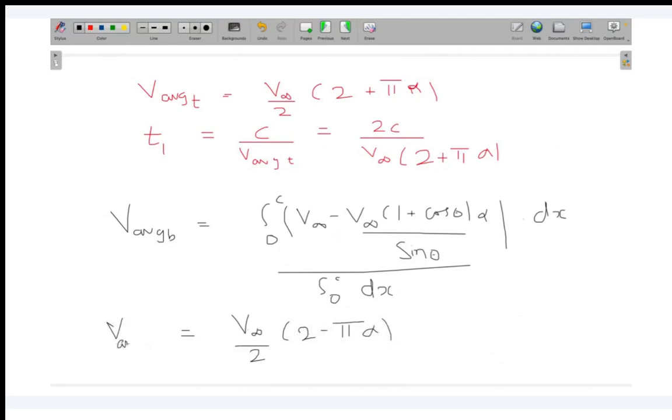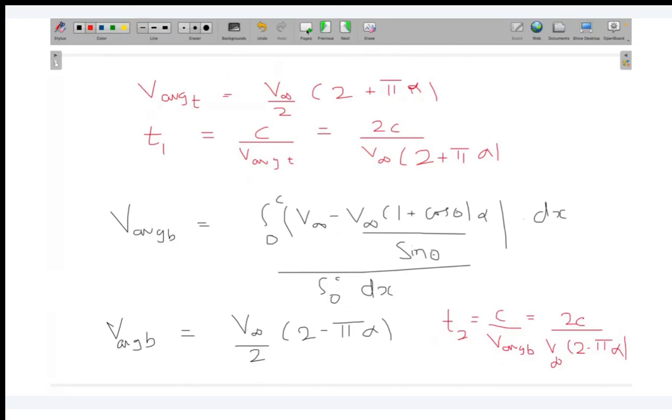So hence T2 would be nothing but C divided by the average bottom, and that would be nothing but 2C by V infinity into 2 minus pi alpha. So now you need to go and figure out what is T2 minus T1.